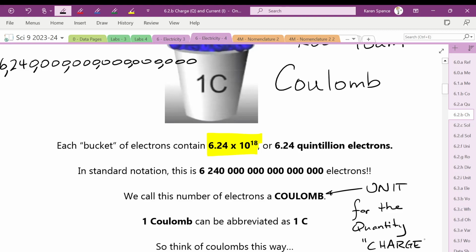So in other words, charge is measured in coulombs. Just like distance is measured in meters, volume is measured in liters.